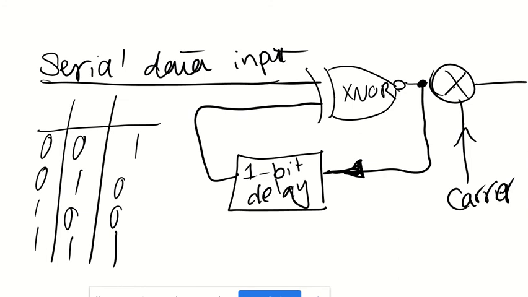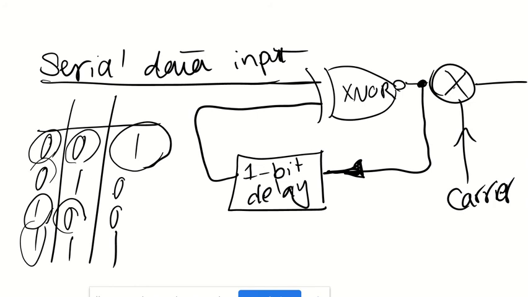So it's comparing your output to the previous bit. If they're the same, the output is 1. If they are not the same, the output is 0.